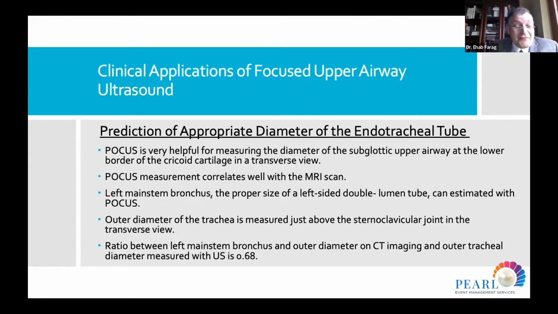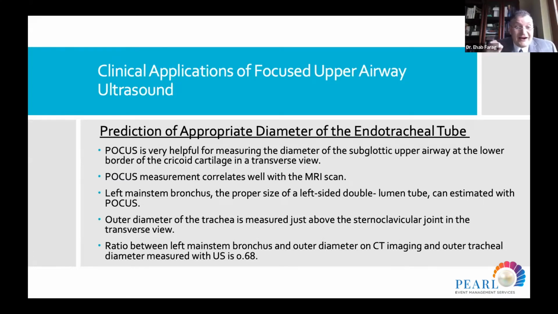For the left main bronchus, the proper size of the left-sided double lumen tube can be estimated with point of care ultrasound. And this is very important in children or teens, females and males, to find the proper size of the left-sided double lumen tube. The outer diameter of the trachea is measured at the level of the sternoclavicular joint in the transverse view.